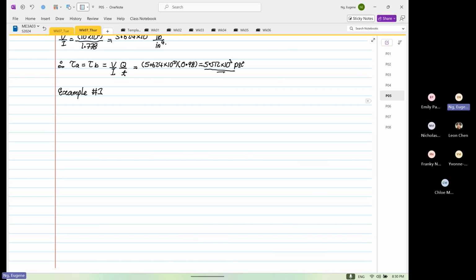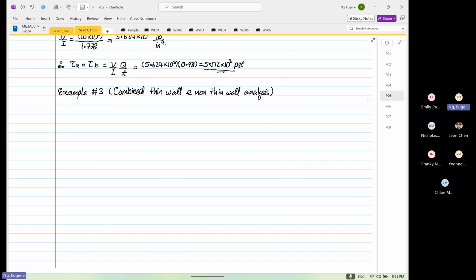A very similar concept. Okay, so what I want you all to learn from here is a combined thin wall and non-thin wall analysis.